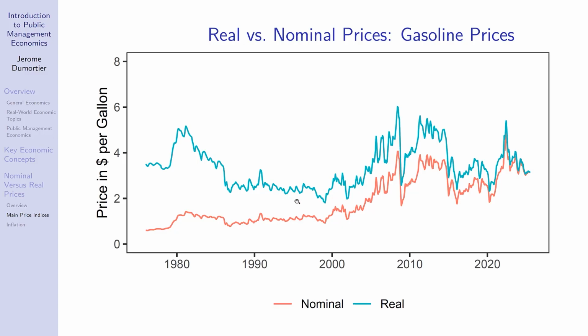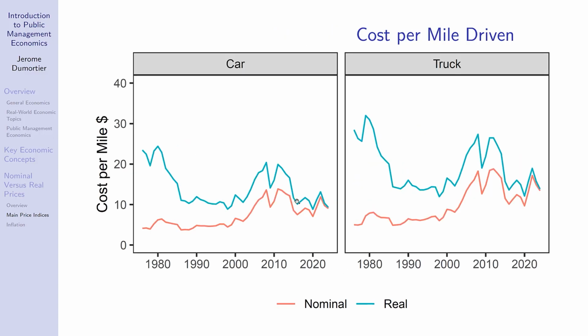Now, gasoline prices are one aspect of the cost associated with driving. Another argument would be that if you are really interested in comparing the 1979 gasoline price to today, that would also require comparing the fuel economy of a typical vehicle in 1979.